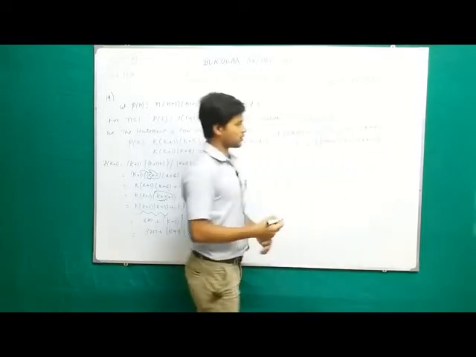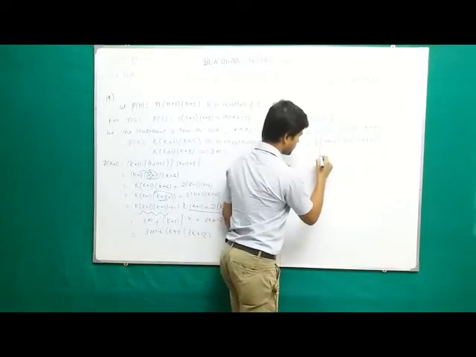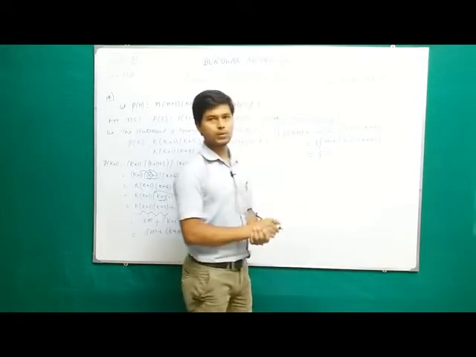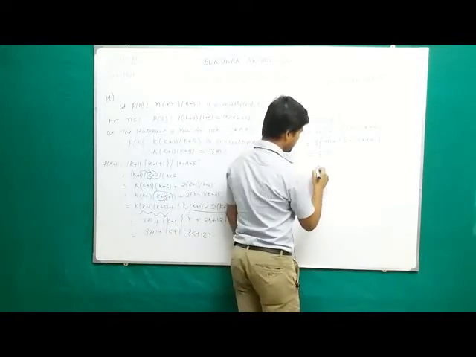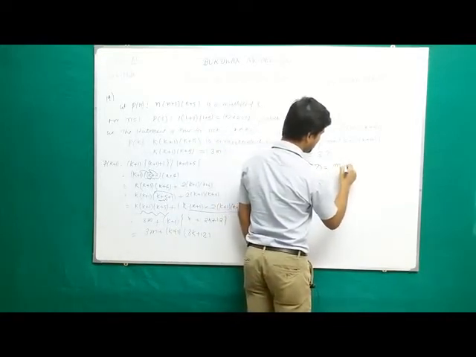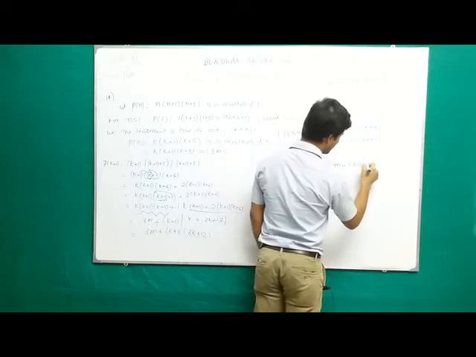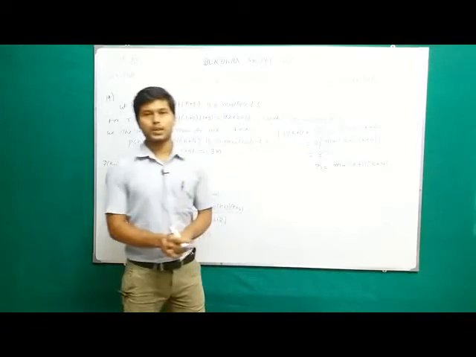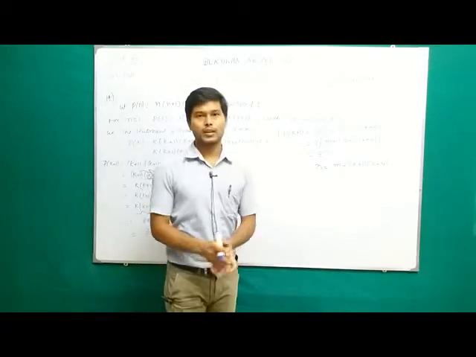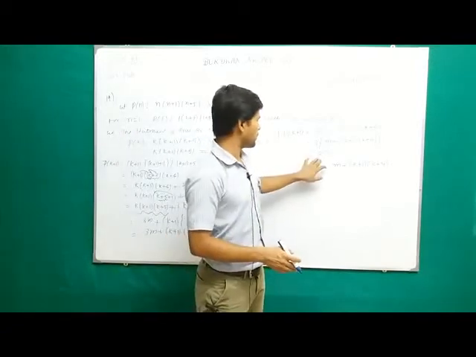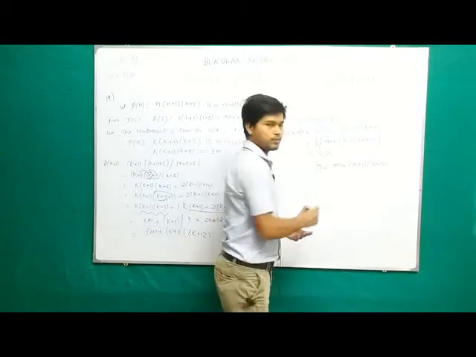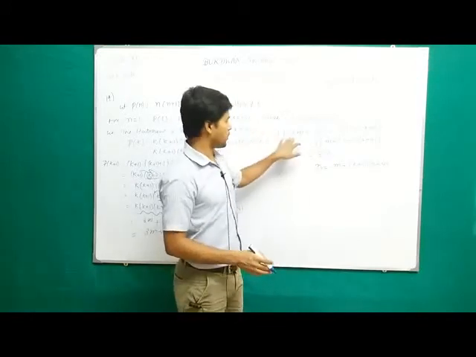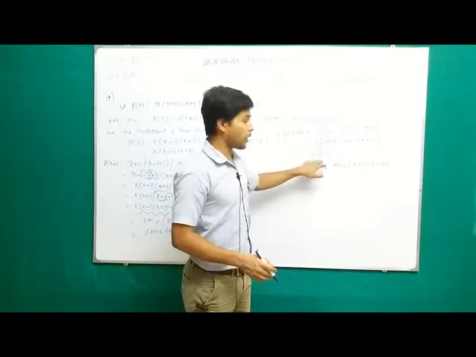Now let this be 3 into a constant lambda, where lambda is equal to m plus k plus 1 into k plus 4. Now look, p of k plus 1 can be expressed in the form of 3 into some constant. That means we can say that p of k plus 1 is a multiple of 3.